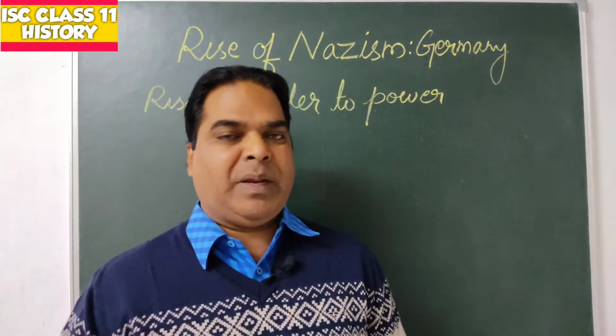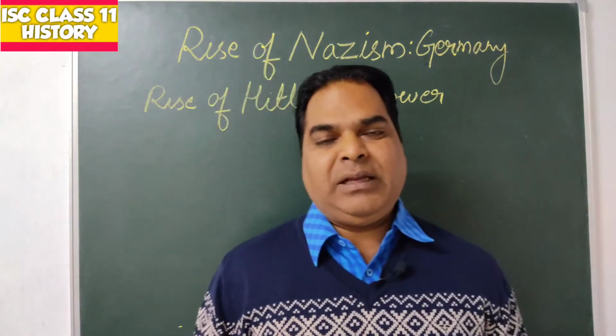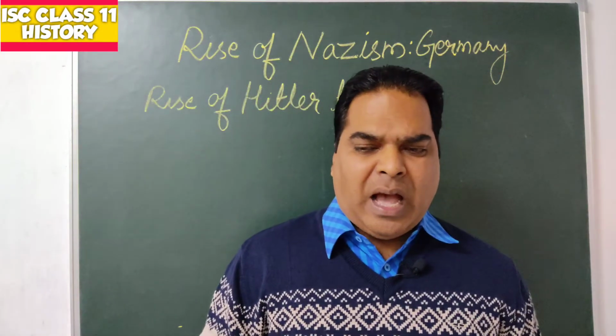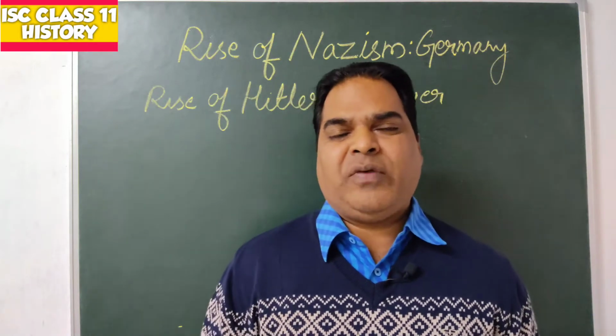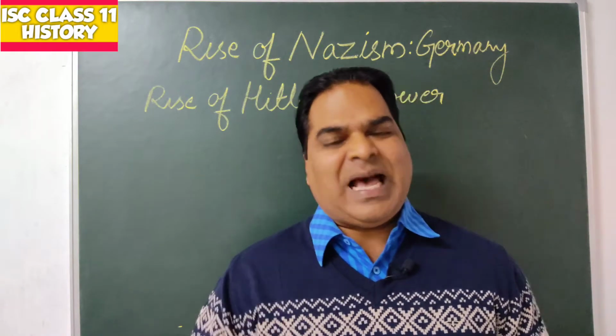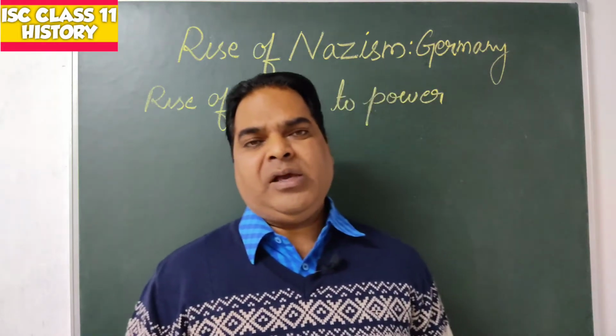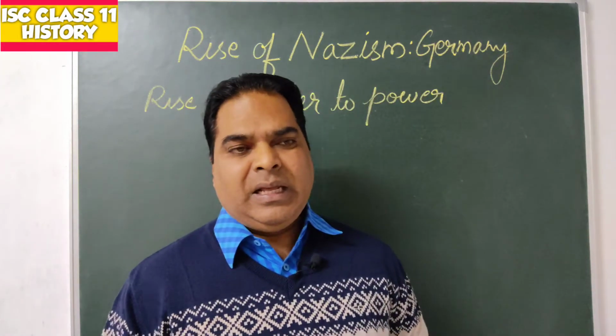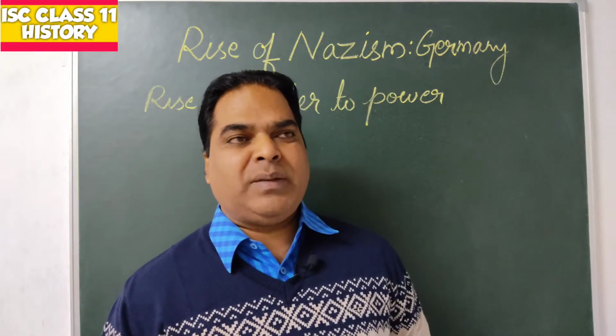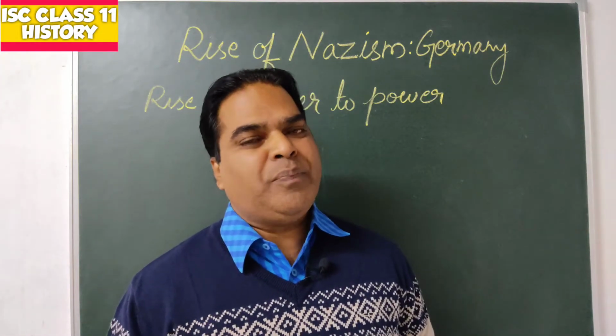Just remember, at least on paper, because in practice it completely failed. The problems faced by the Weimar Republic became its greatest failure, and ultimately those problems assisted Hitler to come to power.